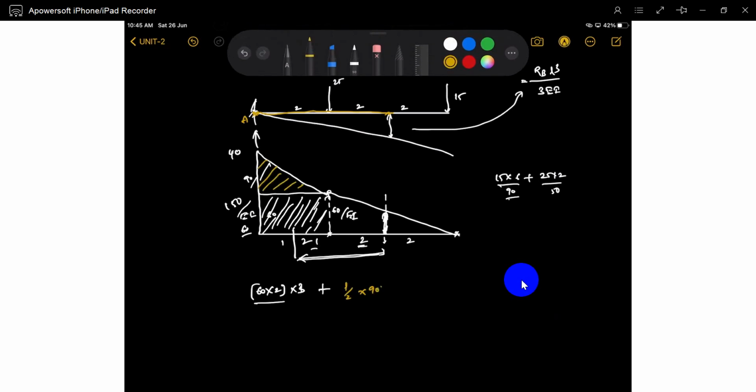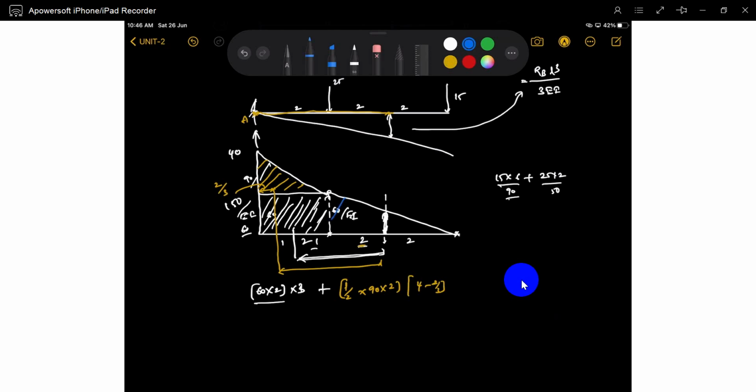Half into 90 into 2, that is the area. What is the moment? What is the distance here? It is 2 by 3 of the length, 1 by 3 of the length. So the moment is 4 minus 2 by 3. That's the total, it is 2. 4 minus 2 by 3. That is the moment.